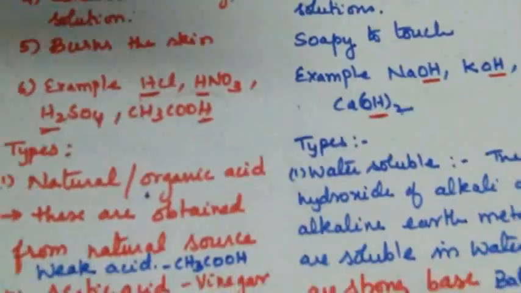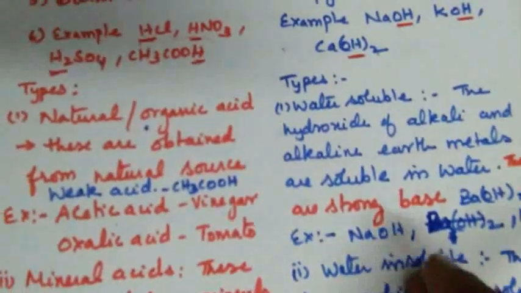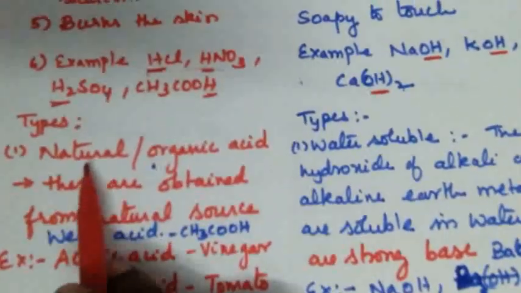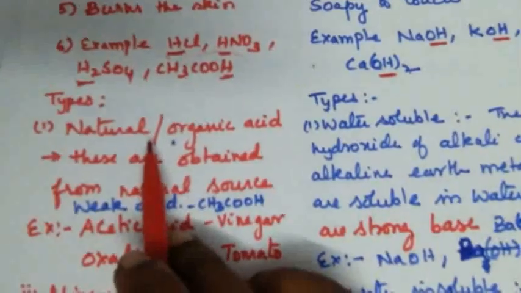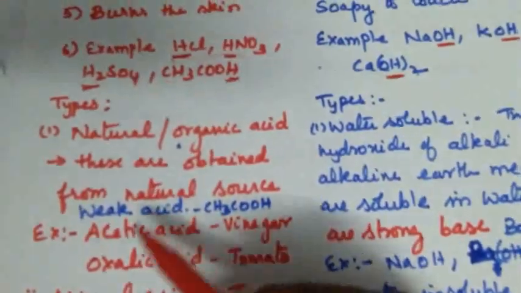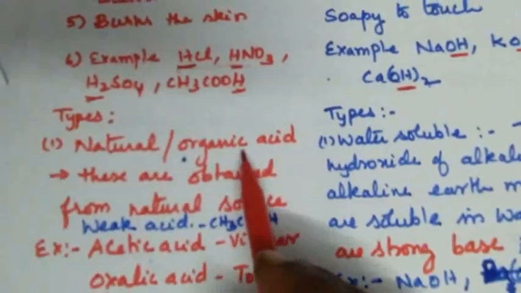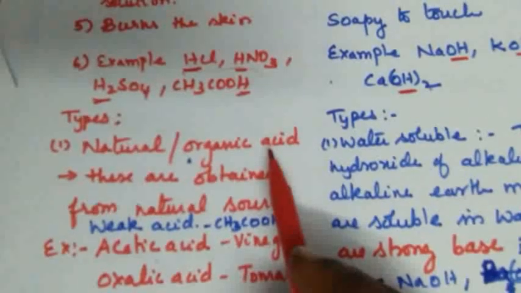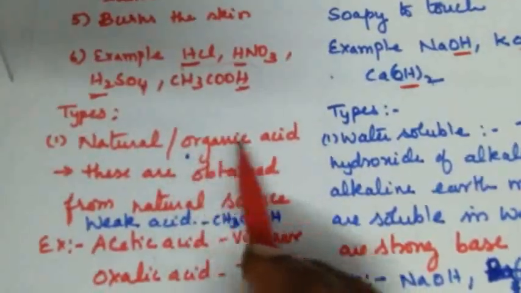Then we'll see types. What are the types of acid? And we have types of bases. First, acids are natural and synthetic. Natural is what we get from nature; I can also call it organic acid. We get it from plants, vegetables, fruits, everything.